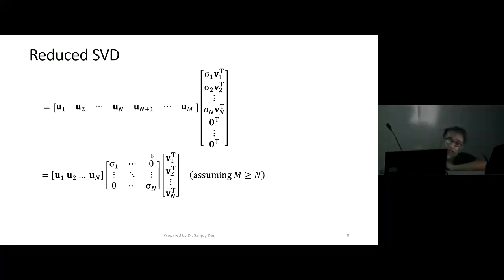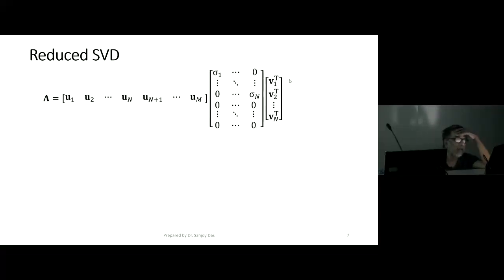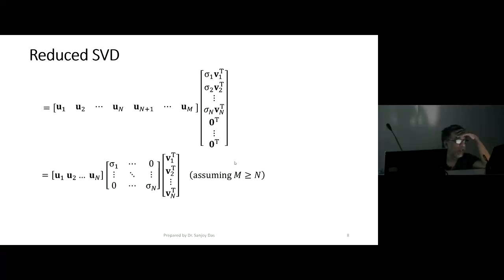This is now a square diagonal matrix, sigma, and V is still the same as before. If you go back, this was our V. And so this A is U sigma V transpose. This is the reduced singular value decomposition of the matrix A.